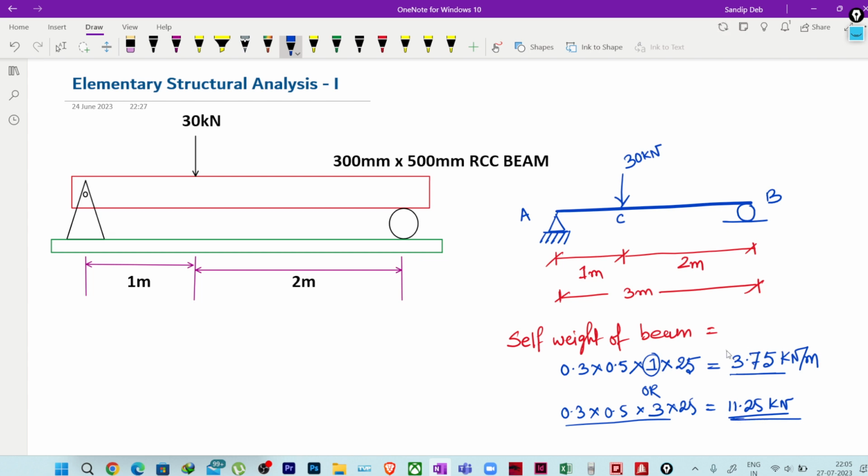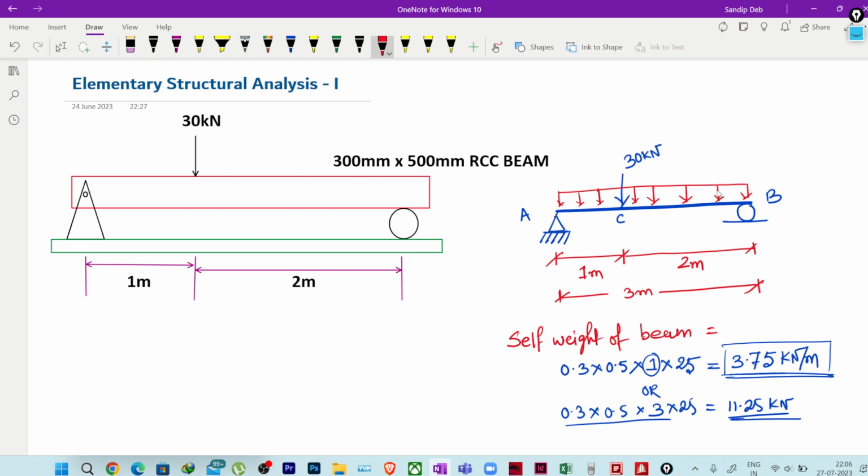Now for analysis purposes, we will take this value. To simplify this, we are making this problem like a problem given in the book. We are saying that this is a beam, we have a point load and we have a uniformly distributed load. Uniformly distributed load means the load at every section is uniform, the same value you will be getting.